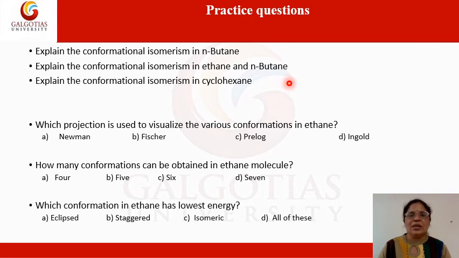Also in case of staggered conformations, we got the most stable one, and one gauche conformation in which the two methyl groups are close to each other. Then in case of cyclohexane also, we should know how many conformations there are. That is a total of 4 conformations, which we have already studied: the boat form, the chair form, the twisted boat form and also the half chair form.